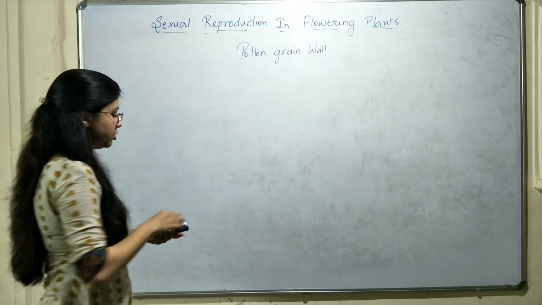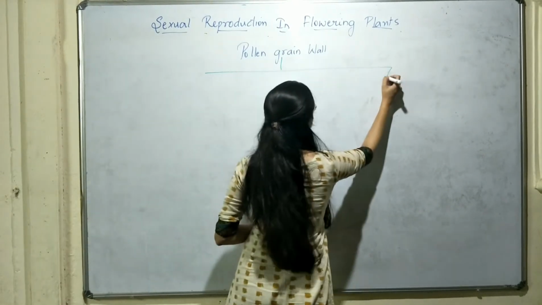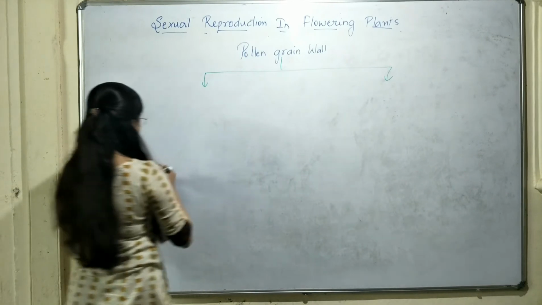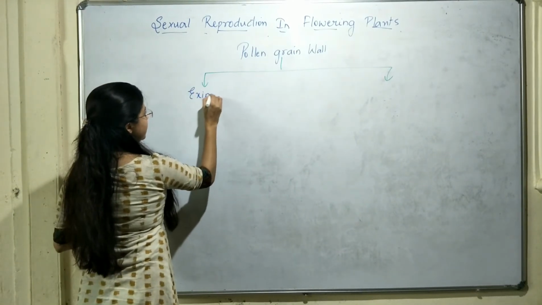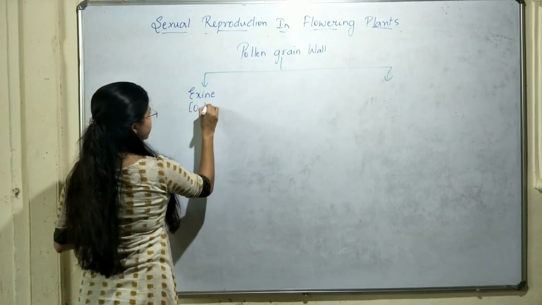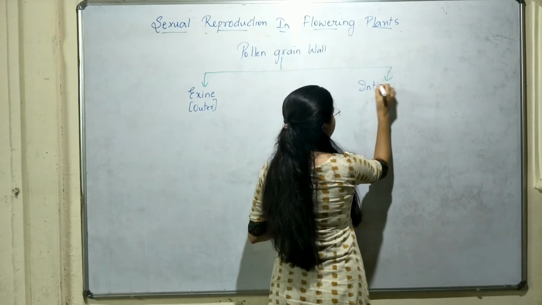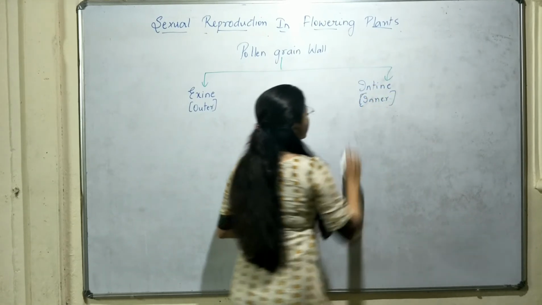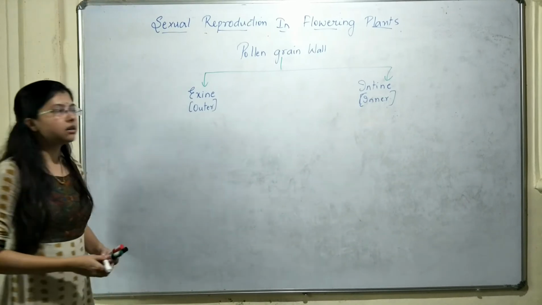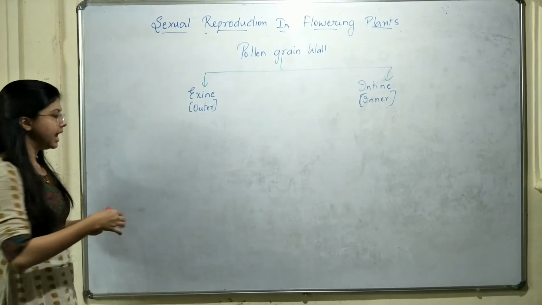The outer layer is called exine, whereas the inner layer is called intine. Outer layer is exine and inner layer is intine. Now, what are the characteristics of these exine and intine?